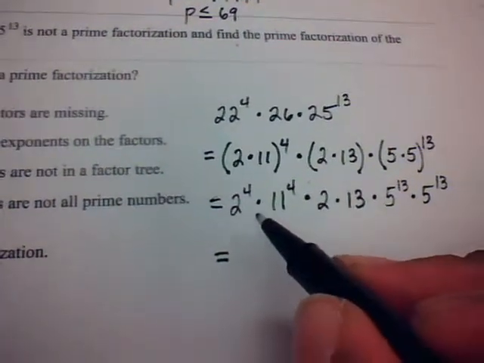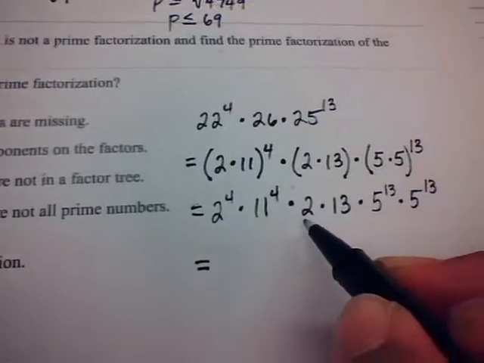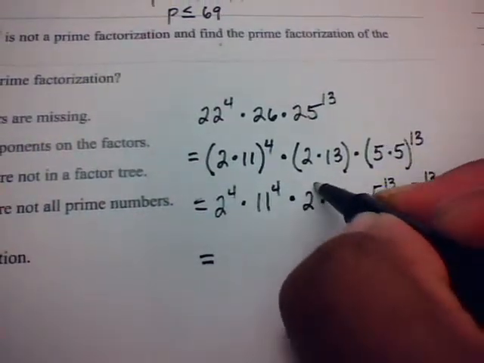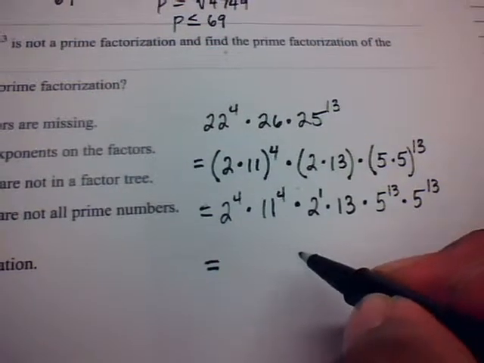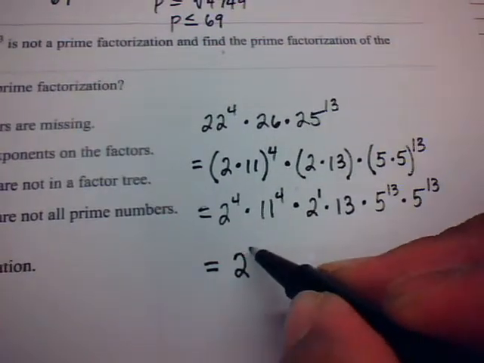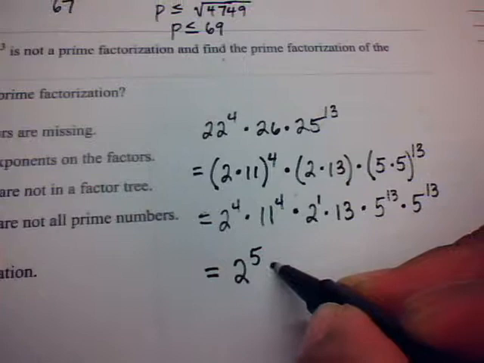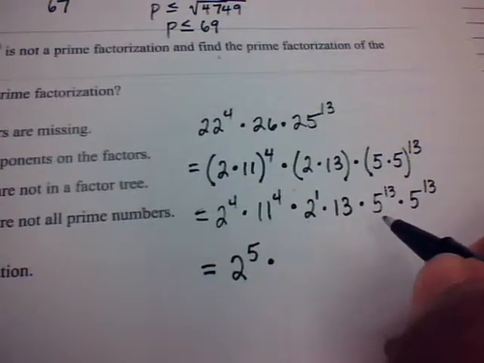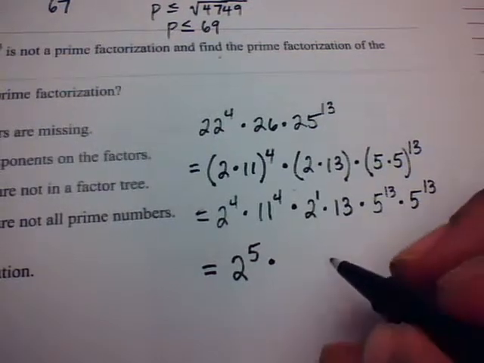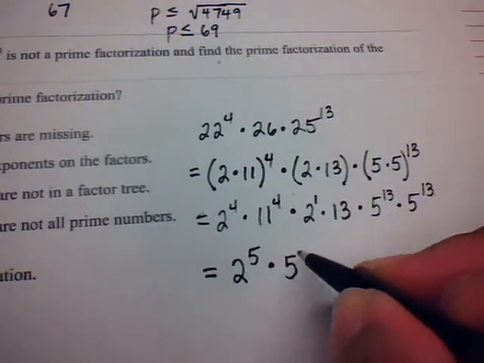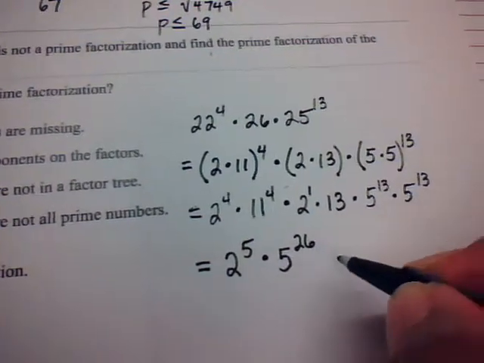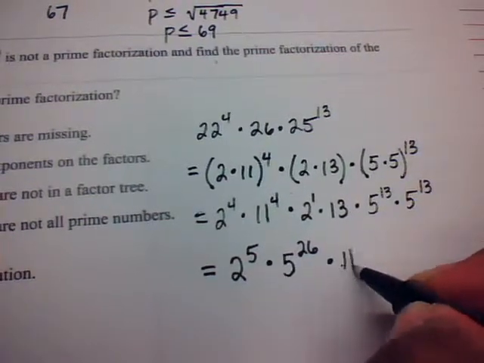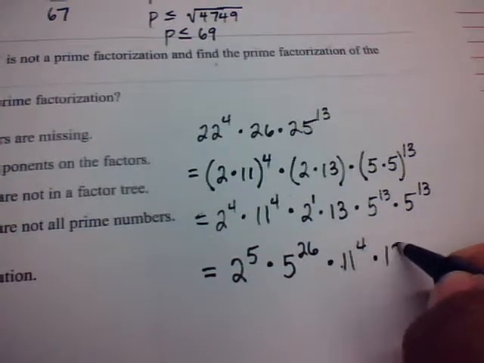There is a rule that says when you multiply powers of the same base, you add the exponents. So 2 to the 4th times 2 to the 1, if I add the exponents for 2, it will be 2 to the 5th. I'll do the same thing for the 5. 5 to the 13th times 5 to the 13th, add the exponents for 5, and you'll have 5 to the 26th. Times 11 to the 4th, times 13.